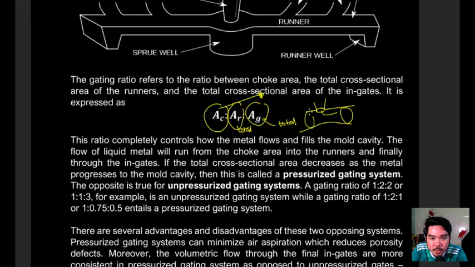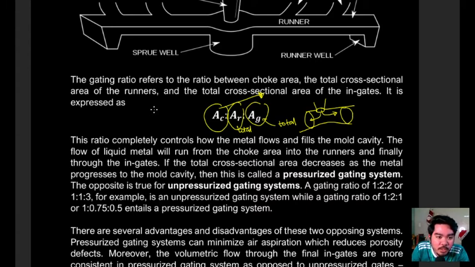Kunwari ganyan. Yung runner, kunwari ito yung choke area, no? It enters then into the runners, and the runners has a larger diameter than the choke area. And therefore dito, hindi na masyadong pressurized yung system mo, no? And this is what we call as an unpressurized gating system. Okay? As it progresses, nag-i-increase siya, then you are unpressurizing it.